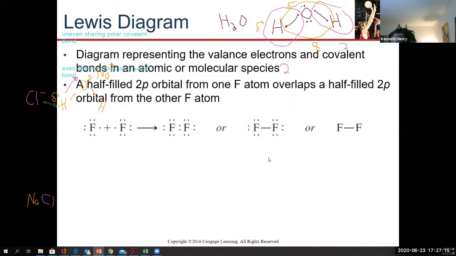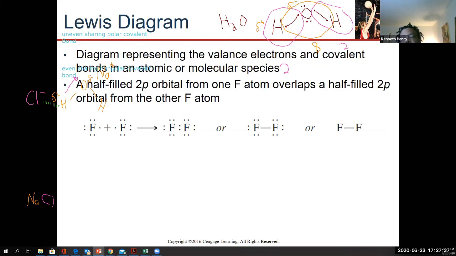Okay, so this is basically showing you the Lewis dot structure. We have the Lewis dot structure of fluorine and of fluorine, and when they're sharing the electrons, because they reach their octet, count how many electrons are around this fluorine. 8. And how many are around this fluorine? 8.